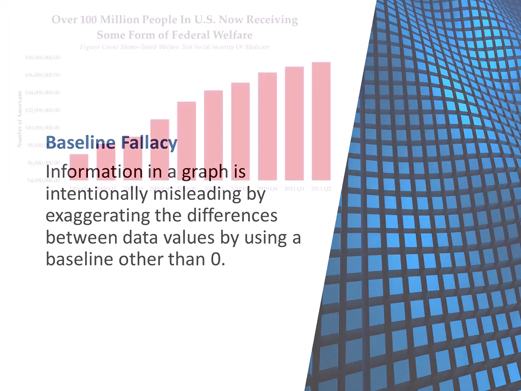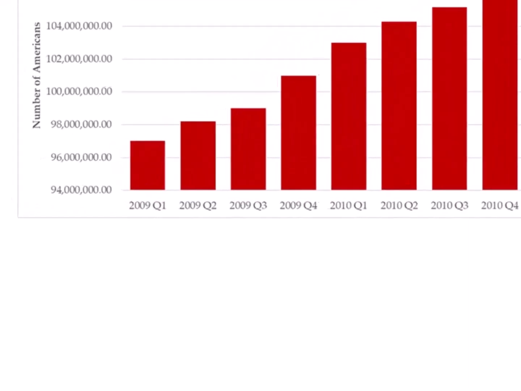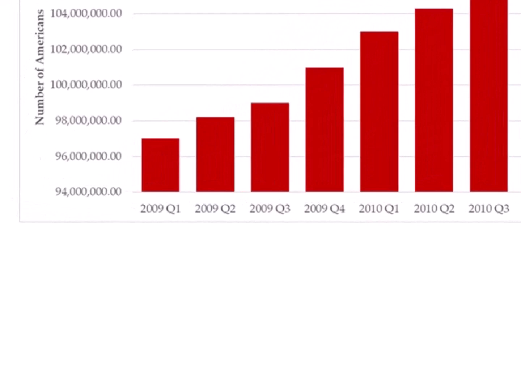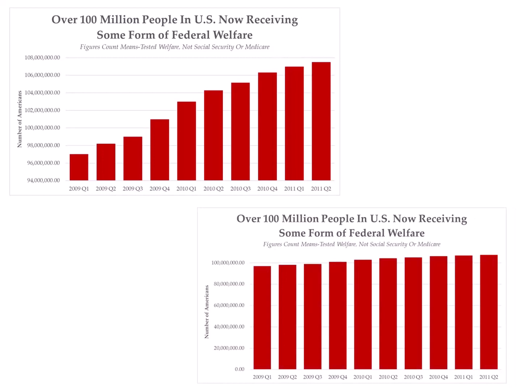For example, the following graph, prepared by a certain U.S. political party, published this bar graph which appears to indicate a sharp increase in the number of Americans receiving federal aid. Notice, however, that the baseline here is 94 million. The same data presented with a baseline of 0 appears to show that the changes are much less extreme.